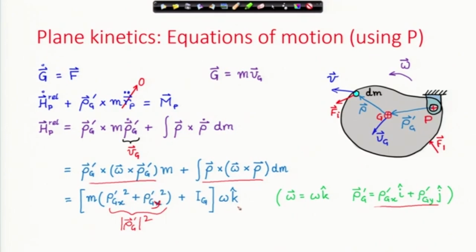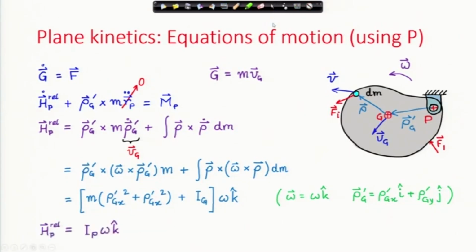I have pulled out omega. The first term also will give me omega, the second term will also give me omega, that I have pulled out. What is there in the square brackets is nothing but the moment of inertia about G plus the mass of the body times the distance squared, and therefore, this bracketed quantity is nothing but the moment of inertia of the body about P, and that is the expression of h P rel.